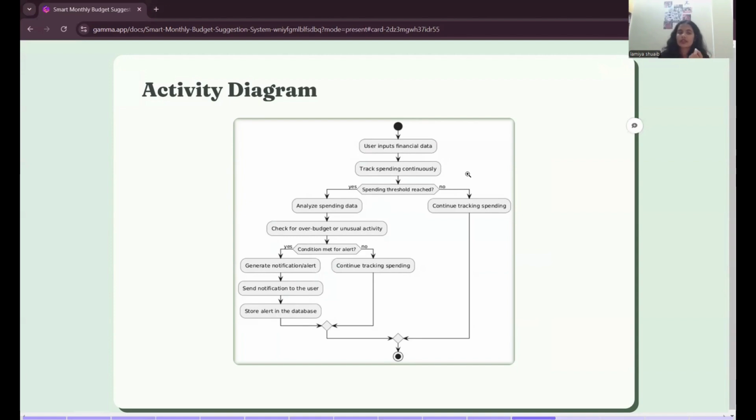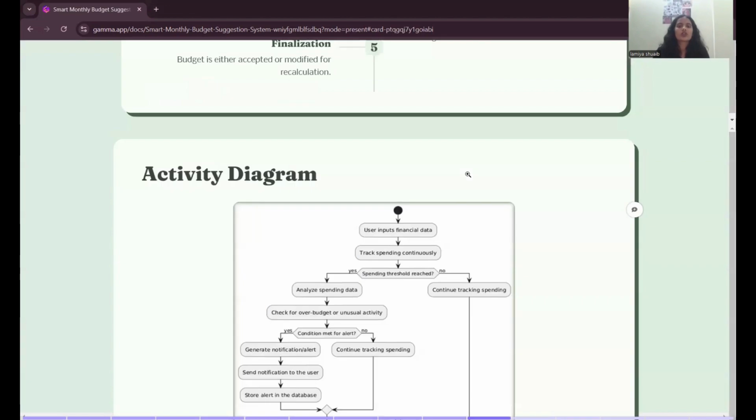Once the spending or budget has been analyzed, it checks for any unusual activities. If the condition is met, then it generates a notification alert and stores the alert in the database. If the conditions are not met, then again it starts tracking how the user is spending. Then this process ends.